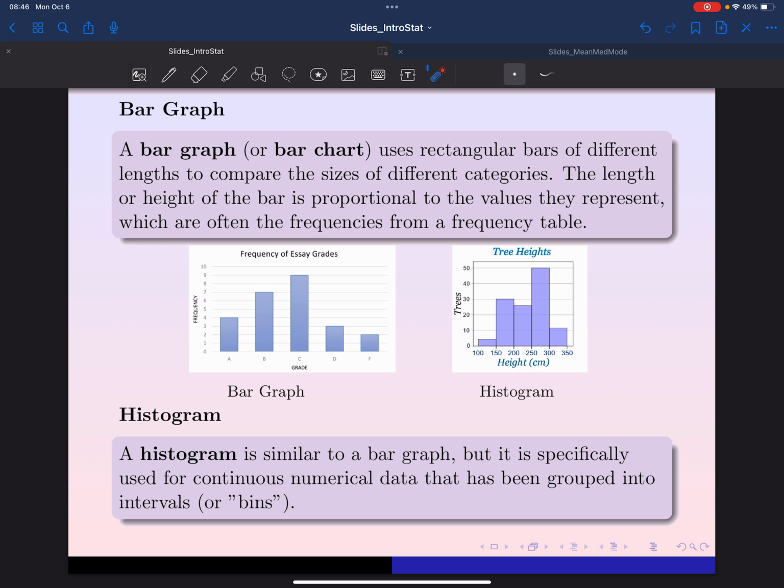Three trees have height between 100 and 150 centimeters. We can see that there are 30 trees that have height between 150 and 200. So the histogram shows the range of data, whereas the bar graph shows the exact values of the particular data.